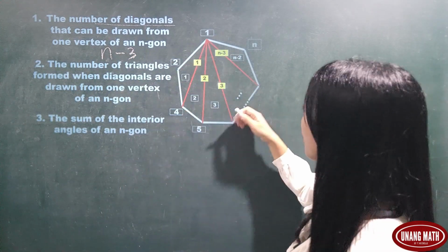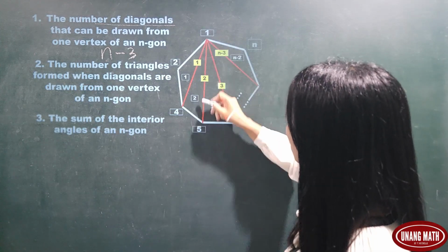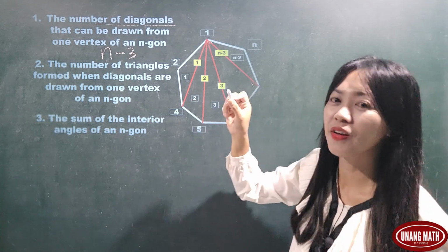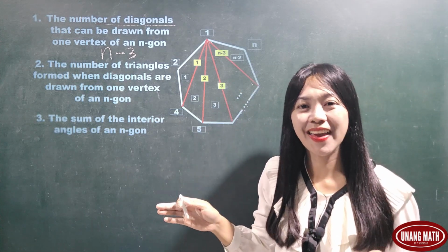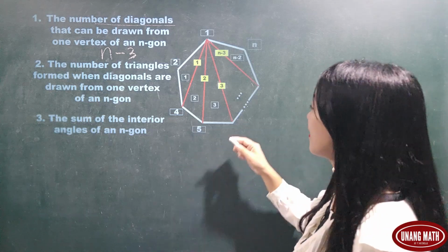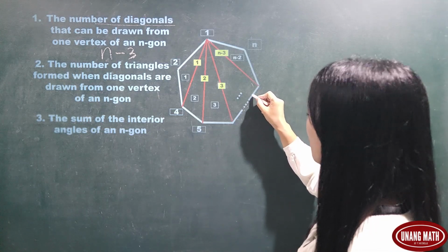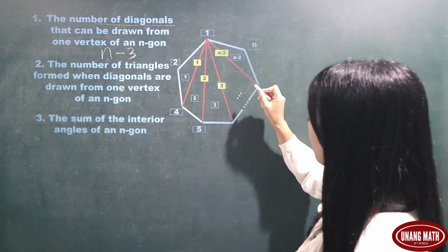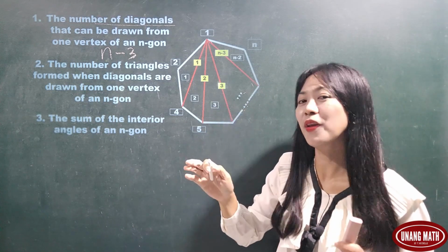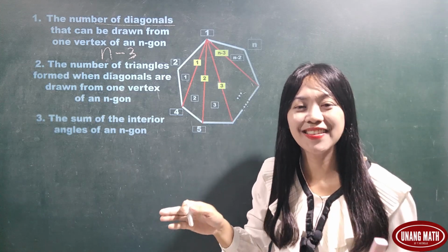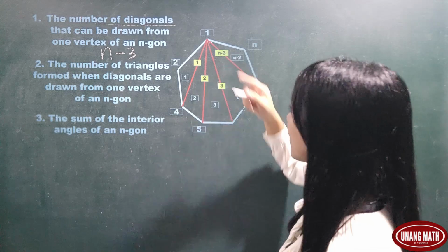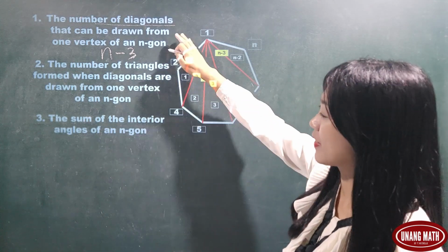Okay, in this figure, we have here 1, 2, 3, and since polygons have many sides, vertices, or angles, this goes on and so forth. These dots here represent that a polygon has many sides, angles, or vertices. So, n minus 3 for the number of diagonals.